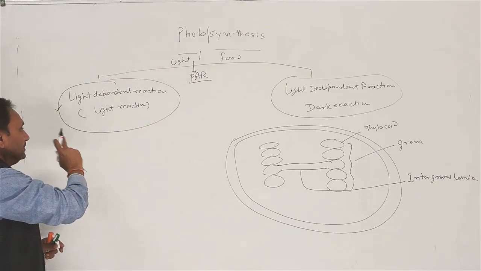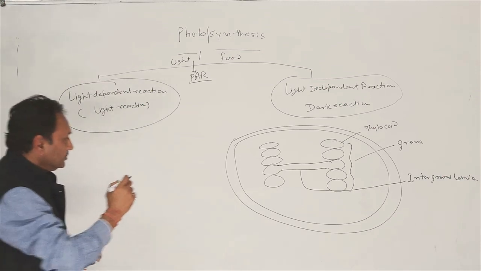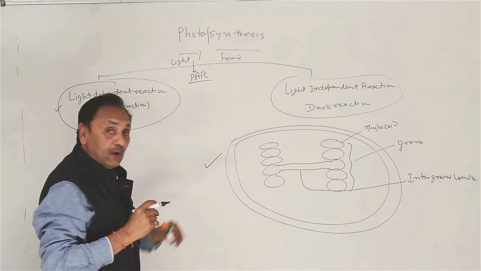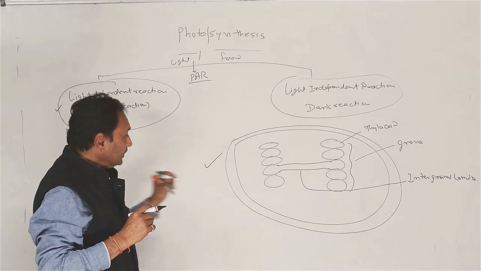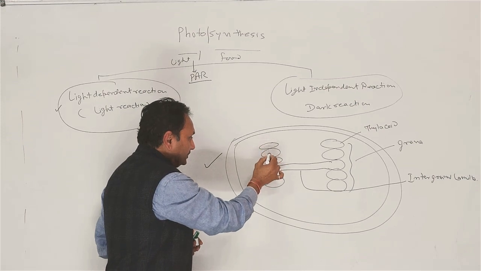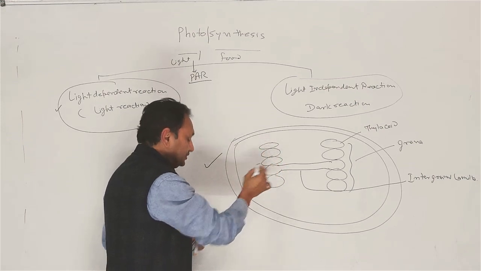This light reaction and dark reaction will take place mainly in the chloroplast, and the chloroplast has small parts that are called thylakoids.